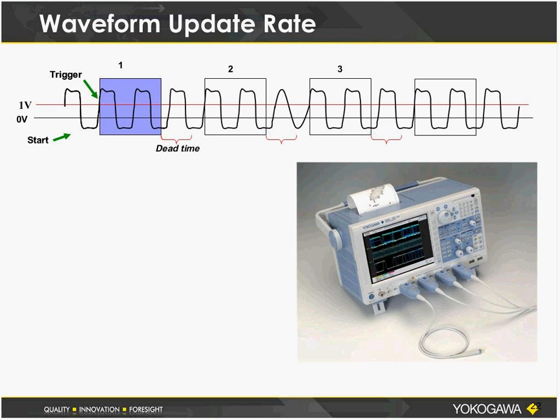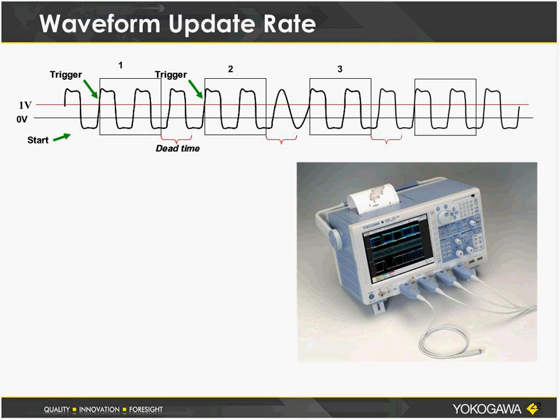In a scope, most of the time you'll have a trigger, and when a waveform crosses that trigger or meets that trigger condition, then it will capture a waveform for that observation period you've set. It will transfer it to memory, it will show it on the display, it will then rearm and then get ready for the next trigger. And during that time when it's rearming and waiting for the next trigger, there is a dead time, a time that this instrument is blind and will not see other triggers.